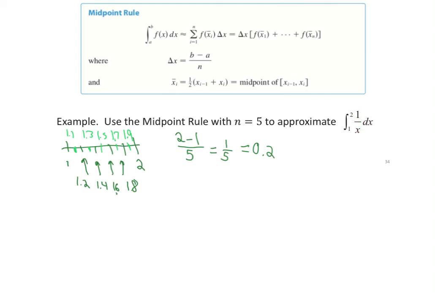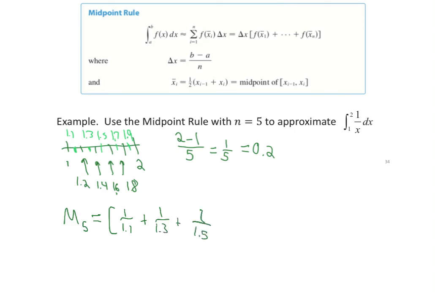So what we have now is that M5 is going to be the sum of 1 over 1.1 plus 1 over 1.3 plus 1 over 1.5, and so on.